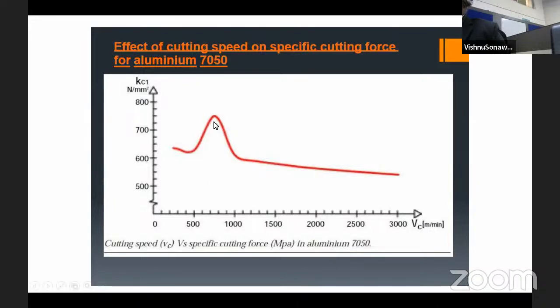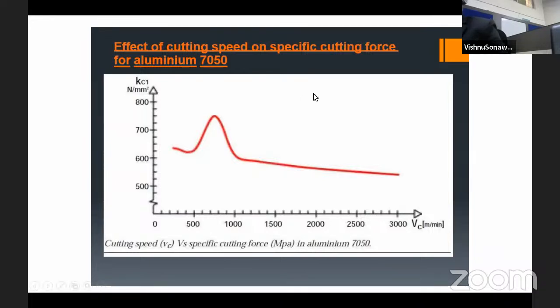Suddenly the specific cutting force again increases. But after cutting at the optimum point, when we again increase the cutting speed for the aluminum workpiece material, the specific cutting force drastically decreases. And this is the main advantage of high-speed machining.